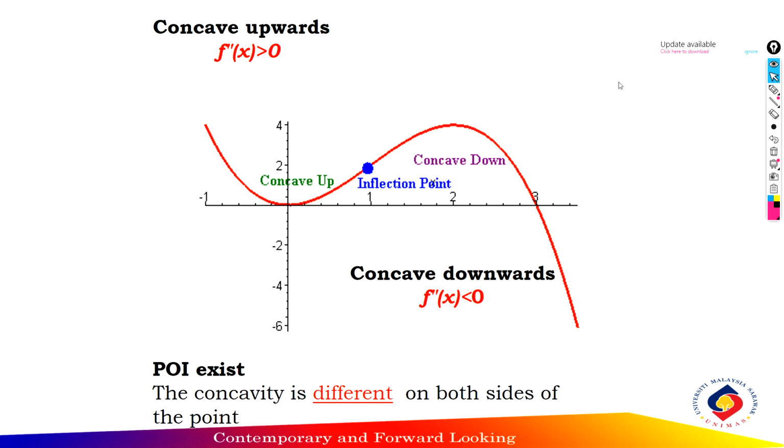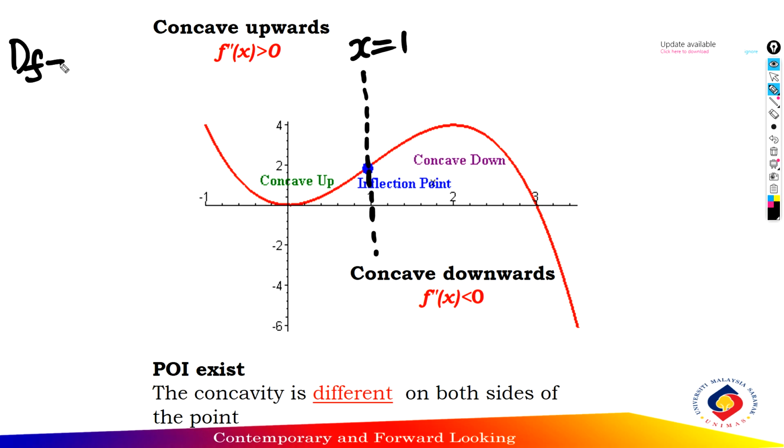Okay, given the graphs of the cubic function, here you put the dotted line at x equals 1. First, the domain of the cubic function.